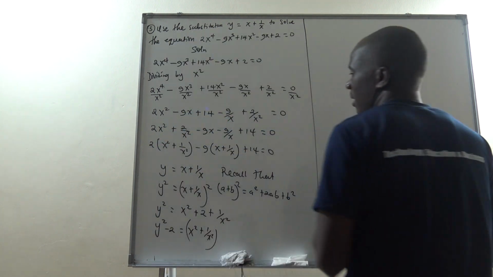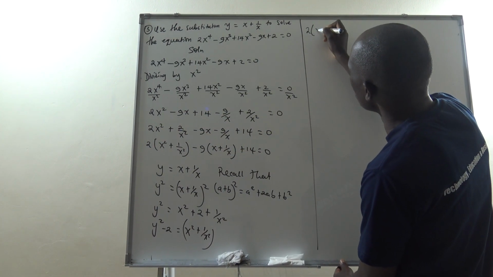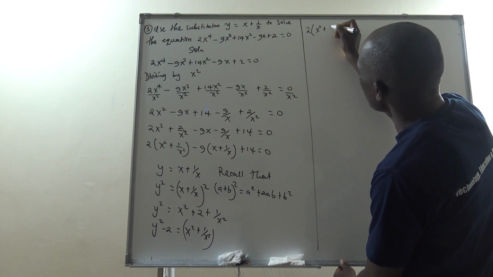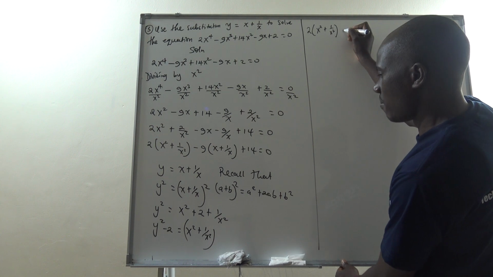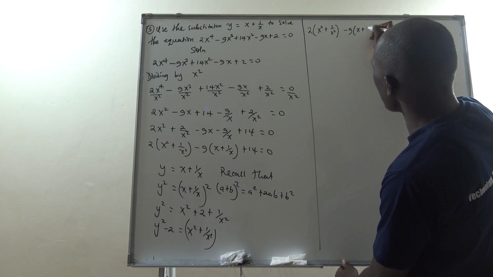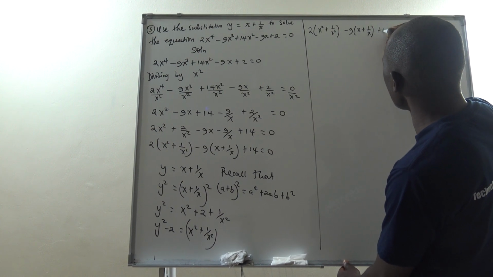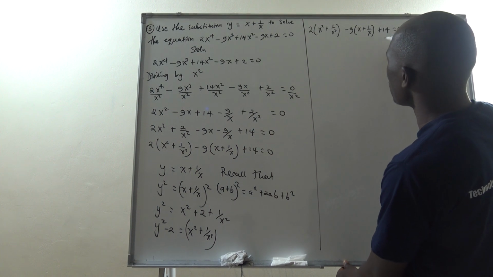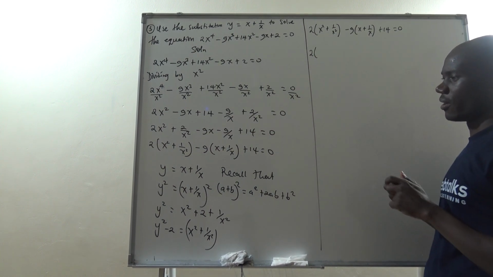So what does it imply? We're having 2 into x squared plus 1 over x squared, then we say minus 9 into x plus 1 over x plus 14 equals 0. So we're having 2 into, do we know x squared plus 1 over x squared?